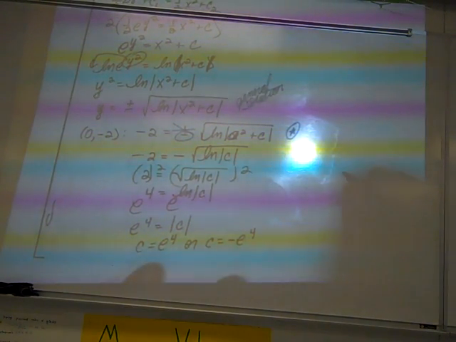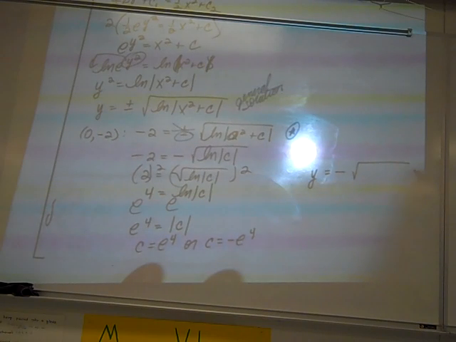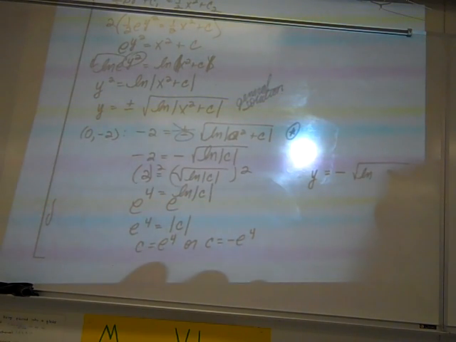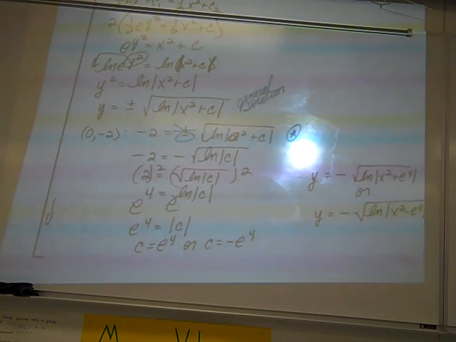So your particular solution would be y equals negative the square root of the natural log of the absolute value of x squared plus e to the 4th. Or you could have y equals negative the square root of the natural log of x squared minus e to the 4th.